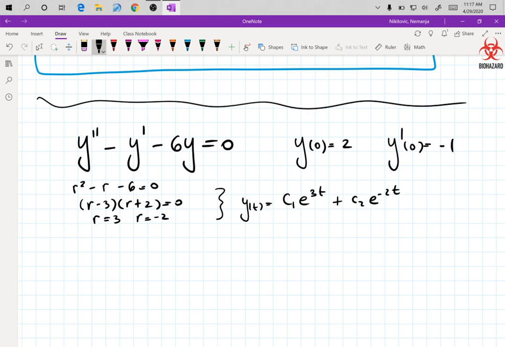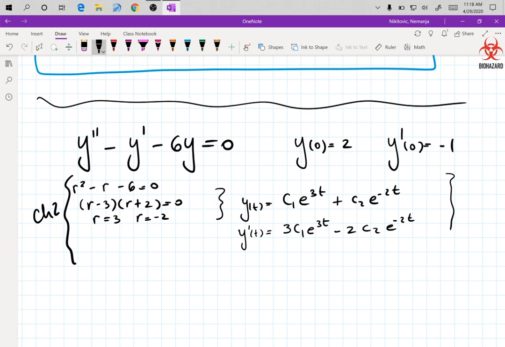And then you use these conditions in a derivative, so we find y prime of t, which will be 3c1 e to the 3t minus 2c2 e to the negative 2t, and now we plug the conditions in, right? So this is all chapter 2 over here. You get to solve this and get the general solution that way.